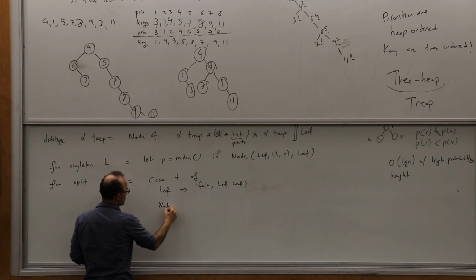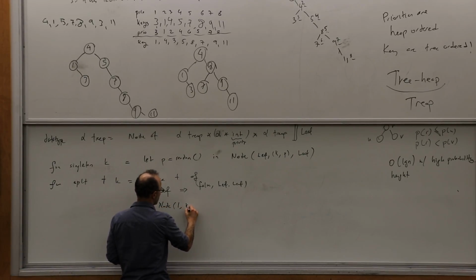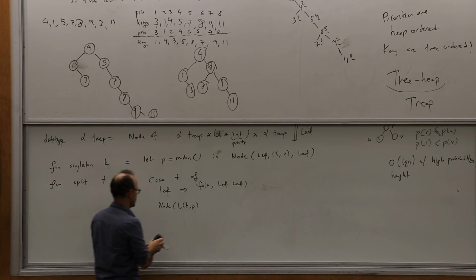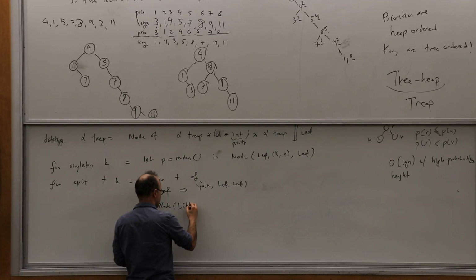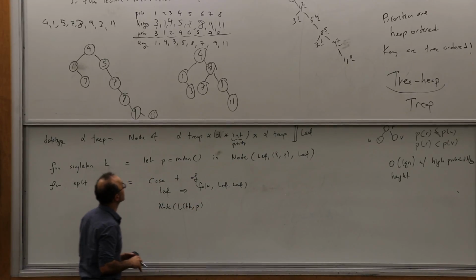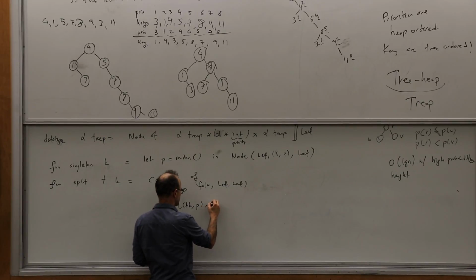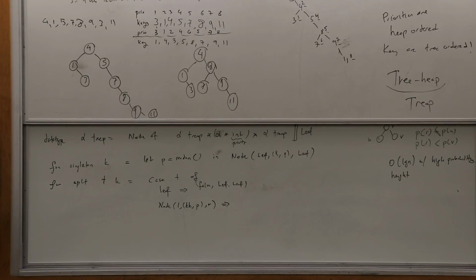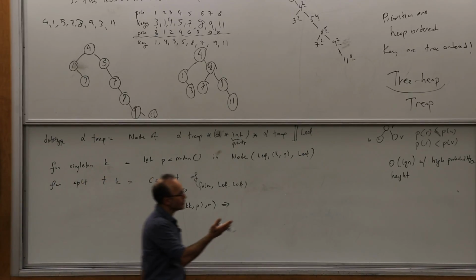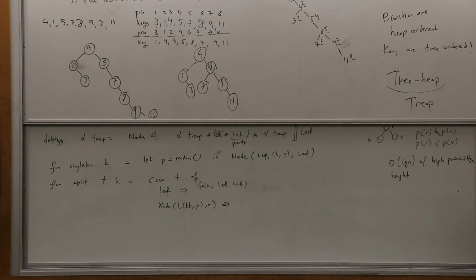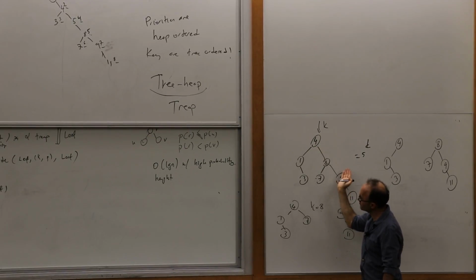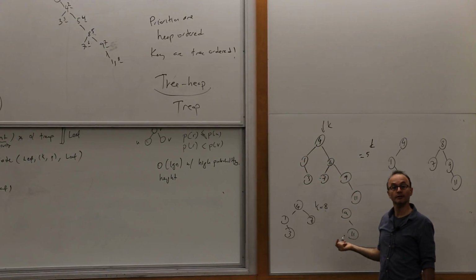If, however, it's a node consisting of a left subtree, a key-priority pair, let's use a different letter for keys, we'll use KK, and priority, and we have a right subtree. Now we're going to split. We have to figure out which direction we're going to go, right? So we come in here, we have our key. This guy is going to be either on the left side or the right side. How do we know?